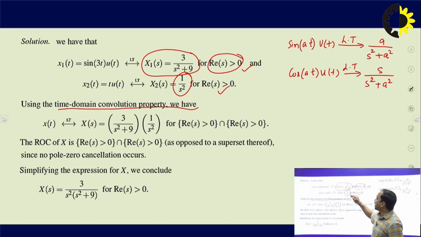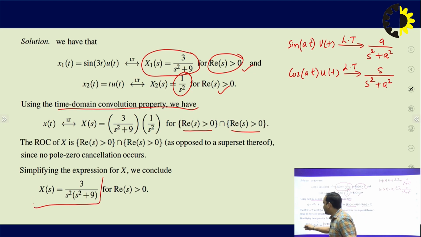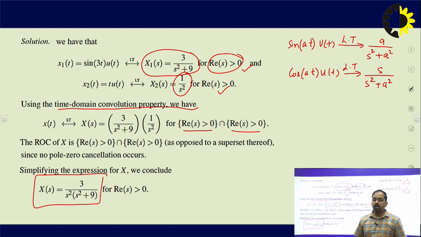Both X1(s) and X2(s) have the ROC, which is real part of s greater than 0. By simplifying this expression, our final transform X(s) is 3 divided by s squared multiplied by (s squared plus 9), for all real part of s greater than 0.